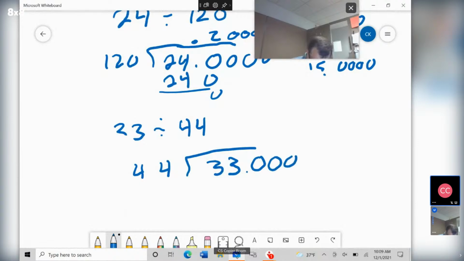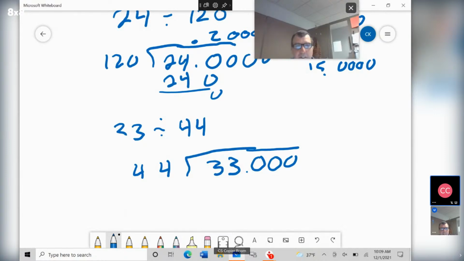I'll start with 3. Maybe we don't get to them, maybe we do. Okay, so how many times does 44 go into 330? Well, if you need a starting point, you could just look at how many times 4, maybe say 40, goes into 30. We're going to say 7 times. That's 28. If you did 8 times, it's 32, but remember, it's 4.4, so it's a little bit bigger. So it's actually going to be 7.